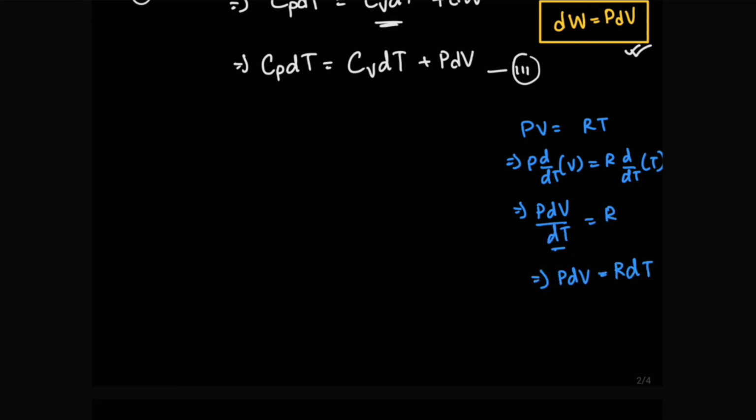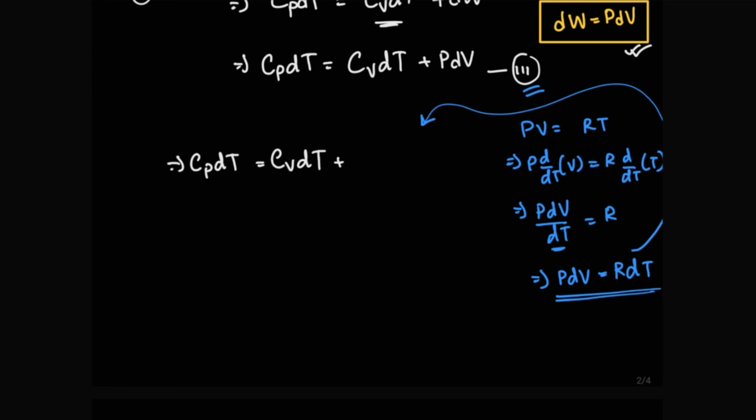We multiplied both sides by dt. And if we put this into the third equation, we have Cp dt is equal to Cv dt plus R dt. Well, why did we do so? Because we had to substitute p dV in terms of dt.